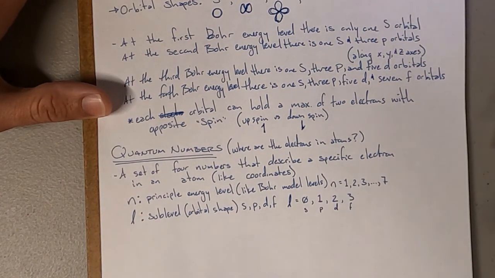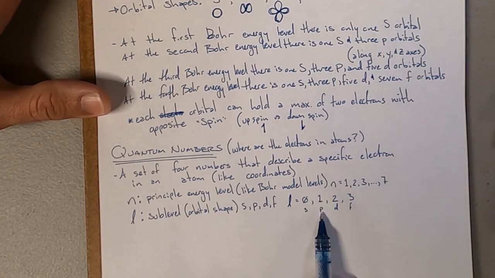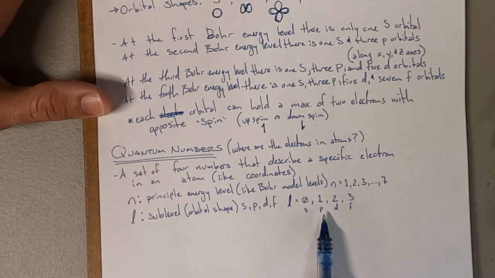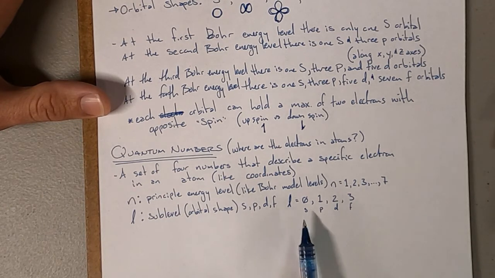The orbital orientation is telling you, for instance, of the p orbitals, which one is it talking about? The one where it's going in the x direction, the one in the y direction, or the one in the z direction. And those are described by the numbers negative l up to positive l, including 0.